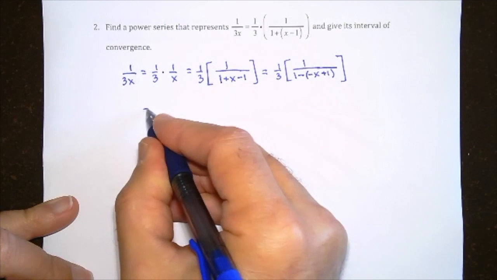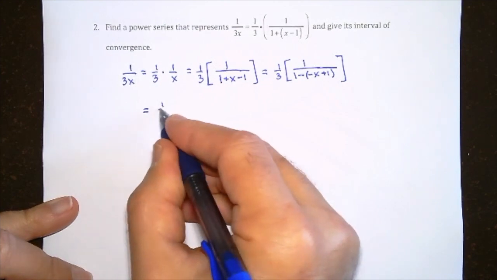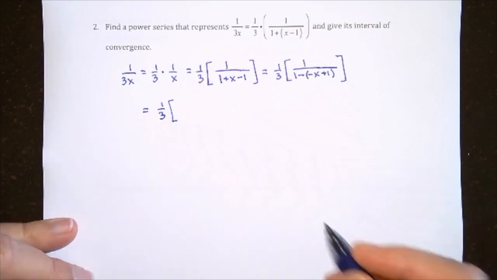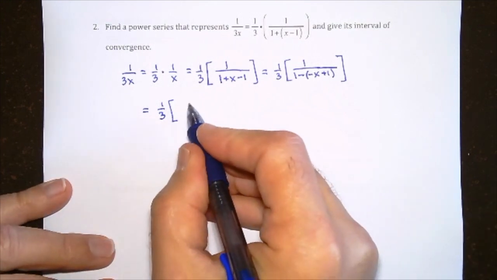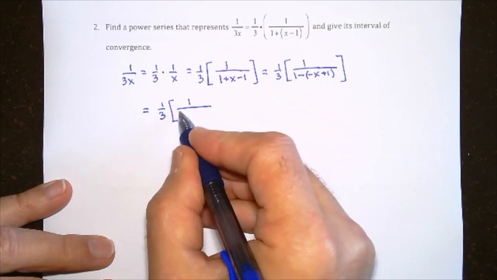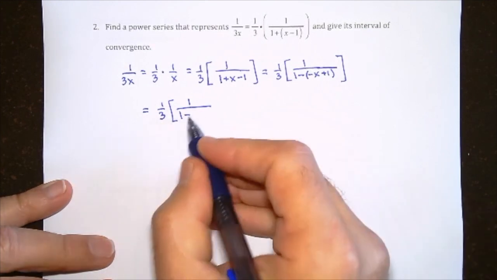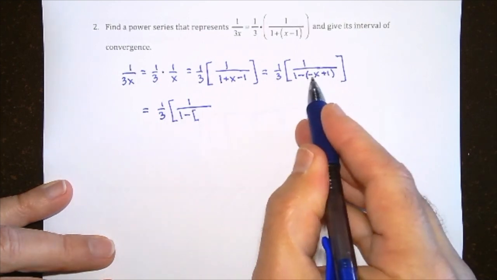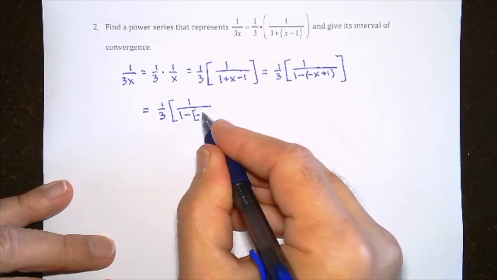So 1 over 3x is equivalent to 1/3 bracket, and then 1 over 1 minus, and I'm going to use a bracket here because our x is negative here, so I'm going to factor a negative like I did earlier.